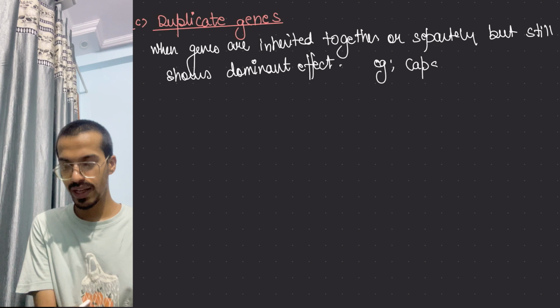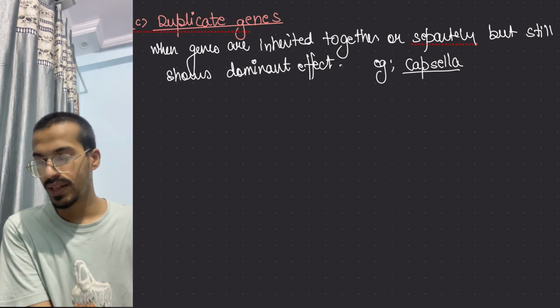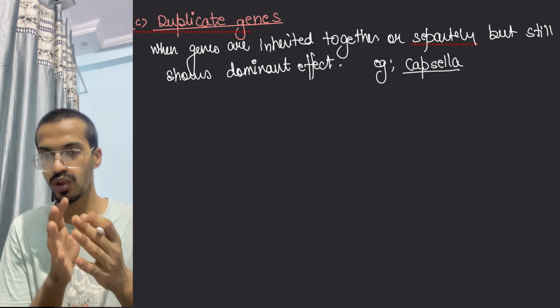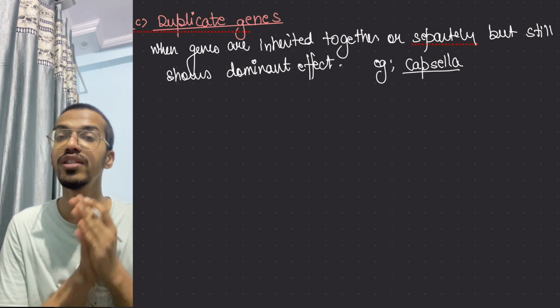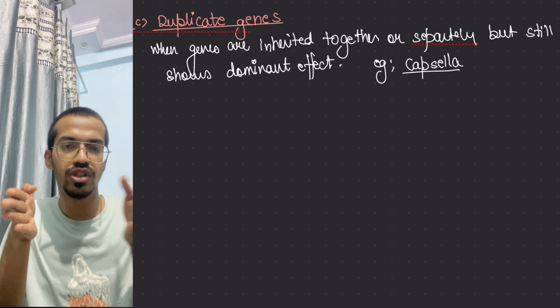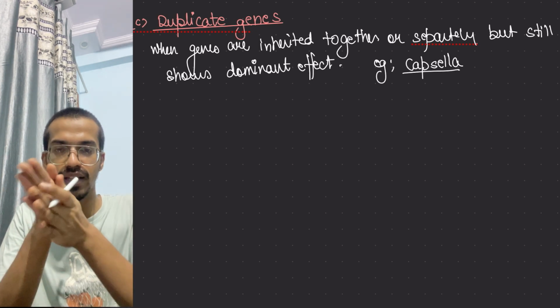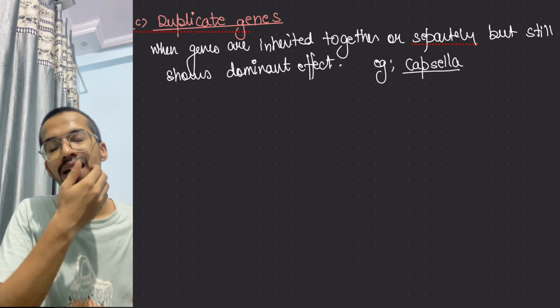Now, the capsule of Capsella, the shape of the pod, has two different shapes. One is triangular, the other is top shaped. You might know a top, like children used to play with, which keeps on spinning. That is top shape.